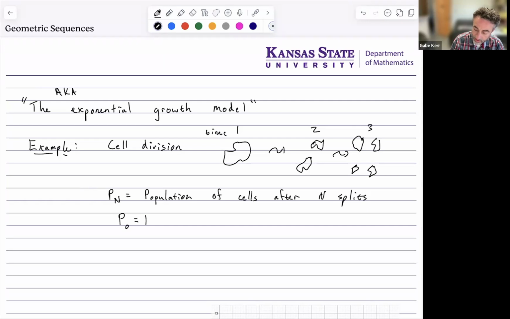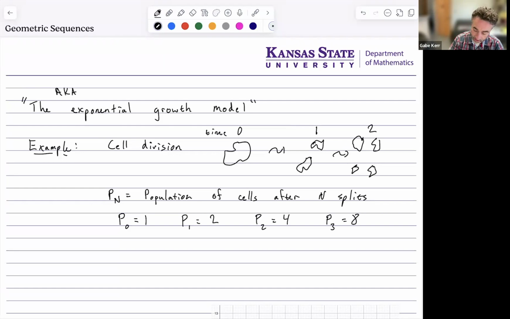I'm sorry, let me make this time zero, time one, and time two just to conform with the usual notation. So P naught is one. We just have one cell. P1, after one split, we have two. P2, after two splits, we have four. After three splits, we have eight. And what you can see is we're doubling each time.